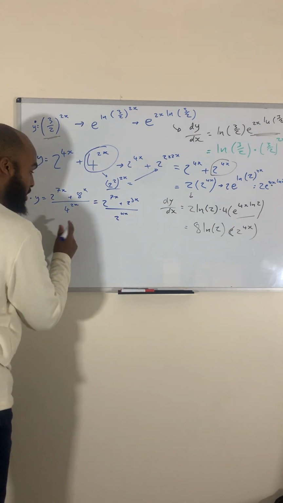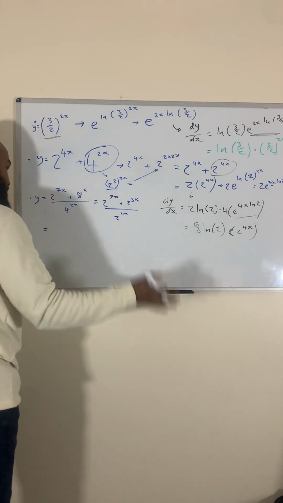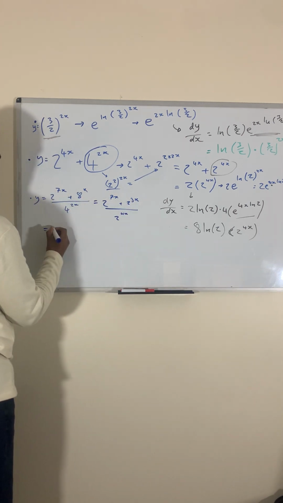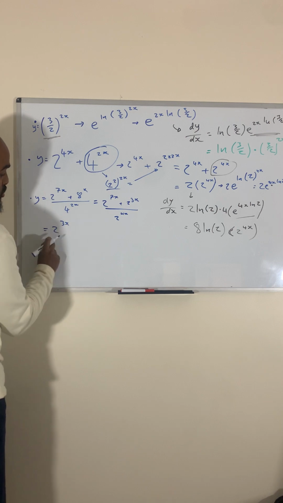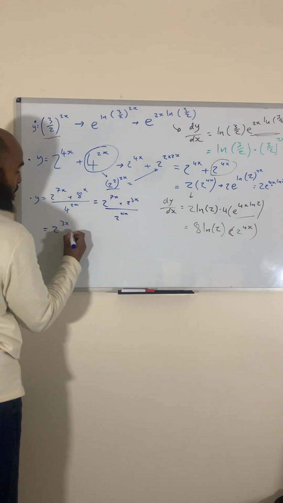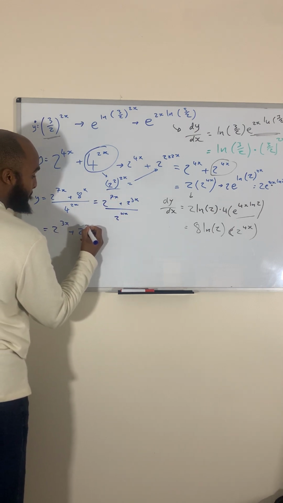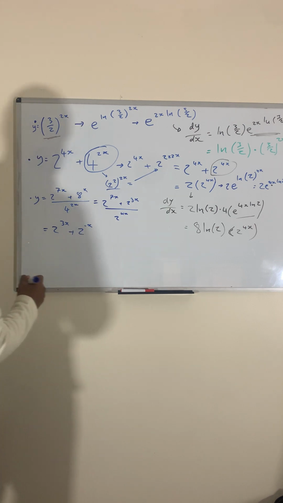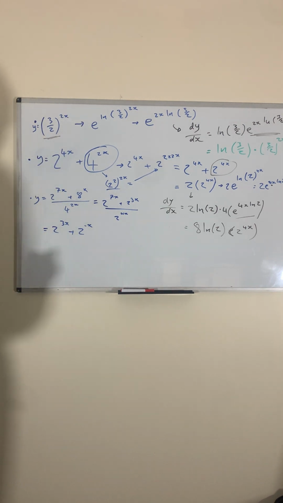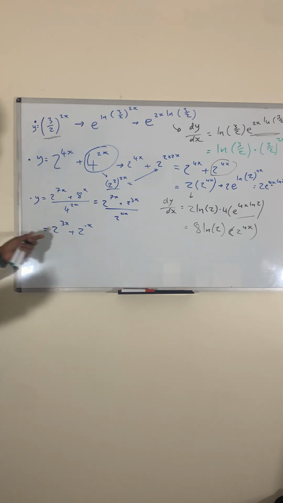Now I can do fractions. This is now fractions. Again, GCSE. This becomes 2 to the power of 3x plus 2 to the minus x. Okay, now we have to put it in the format that we like to differentiate in.